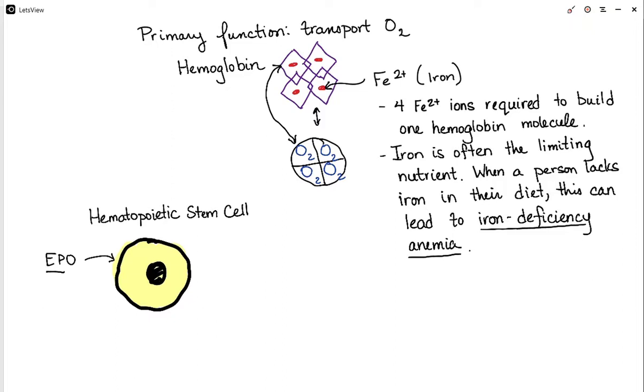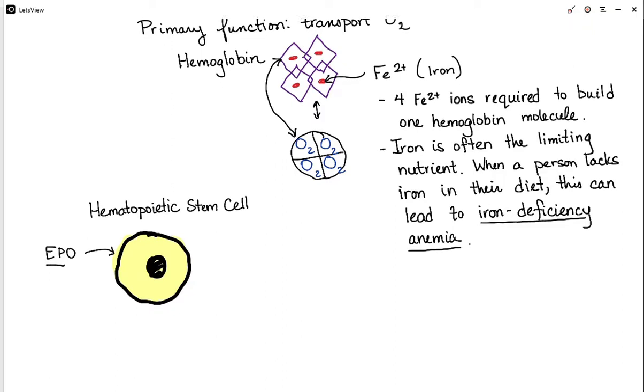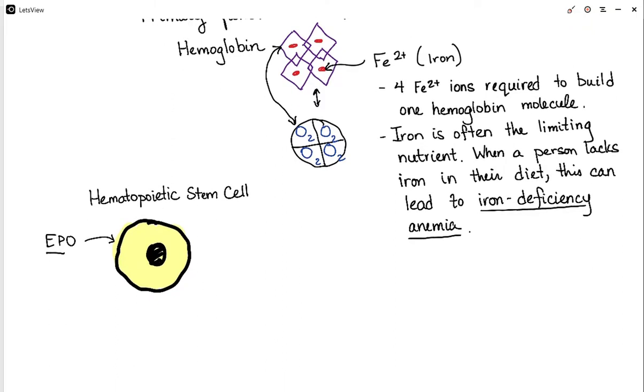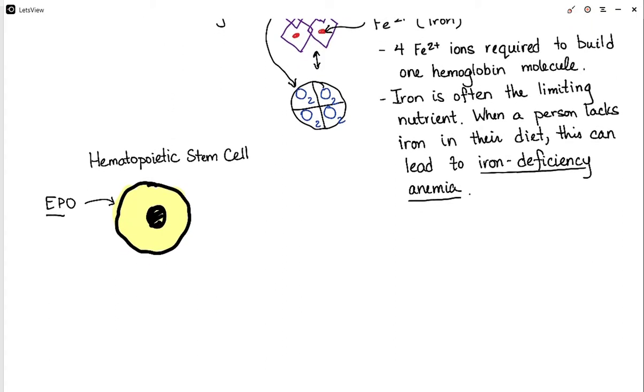If I want to transport up to a billion oxygen molecules at a time, then I would need 250 million hemoglobin proteins. Now, hemoglobin is actually a pretty big protein, so that's not a small ask. That's actually kind of a big deal. So let's assume that we can make 250 million hemoglobin molecules.